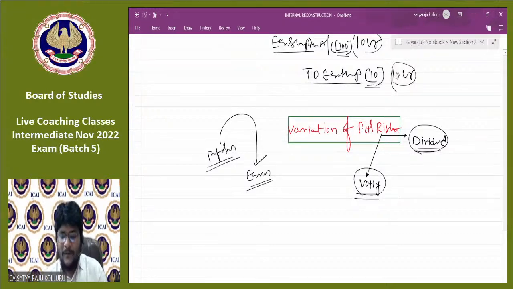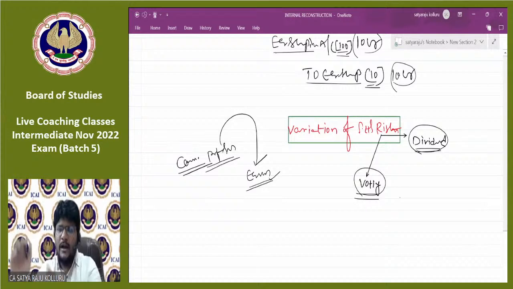But if the preference shares are convertible preference shares, then we can convert them into equity shares. That is a different story. Or maybe during the process of internal reconstruction, preference shareholders agree to lose some rights.